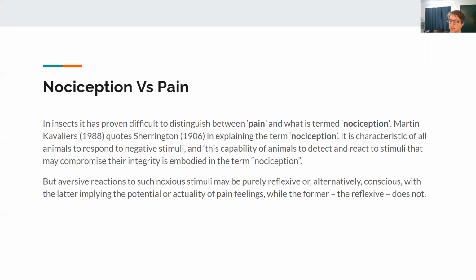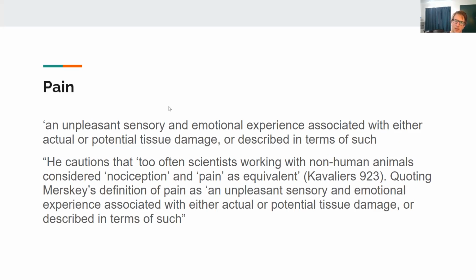They can detect chemical agents and they can move away from it. But this is not pain. And fruit flies have nociceptive neurons that do transduce dangerous stimulus and elicit behavioral responses. But it's not clear that that is actual pain.